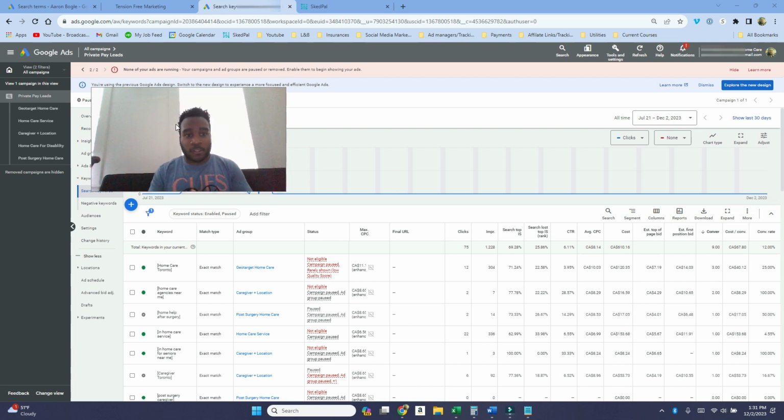So I first look at the search terms, then I look at how the keyword's performing. If the keyword's performing not very well, I'll just pause it, or I'll just lower the bids dramatically. If the keyword's performing well, I look at the search impression share, and then I increase the bids if I want more impressions, or I keep it the same if I'm getting a very good top impression share.